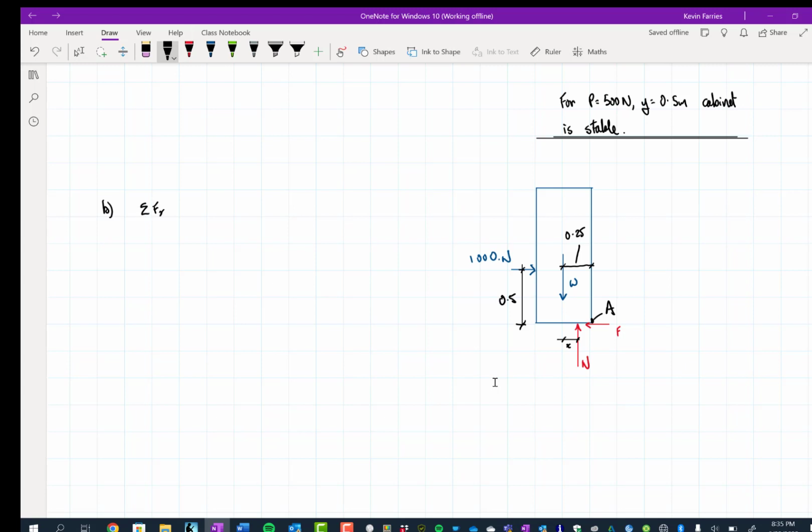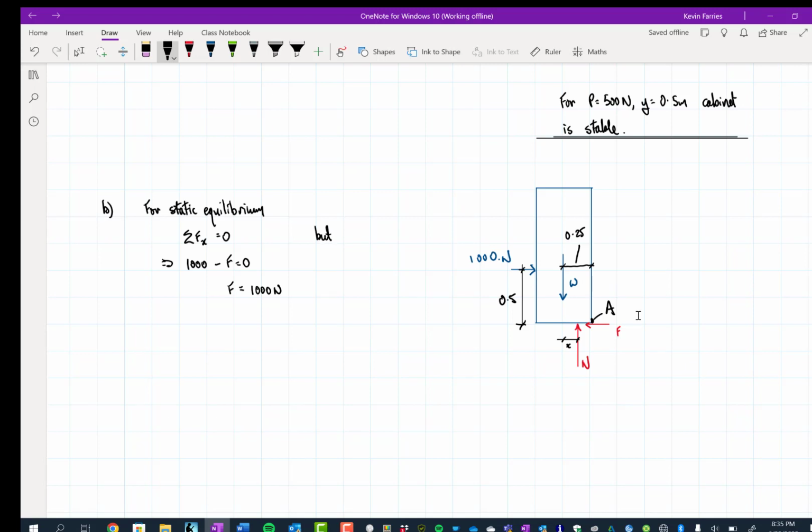So for static equilibrium, we must have the sum of the X components equal to 0. So that would mean, so we've got 1,000 newtons here and the frictional force resisting it. That would mean 1,000 is in the positive direction minus F equals 0. So F would have to be 1,000 newtons.